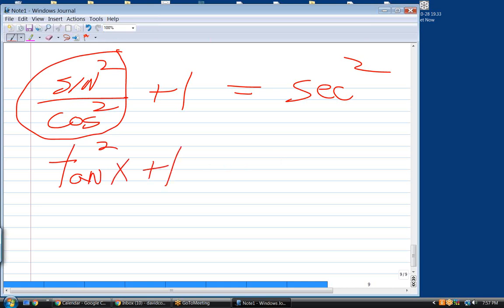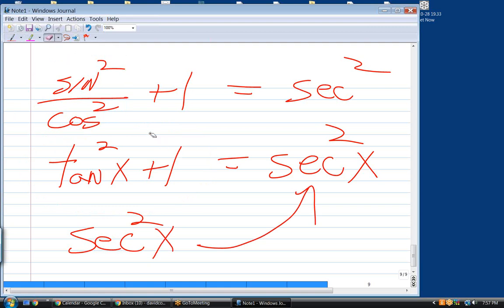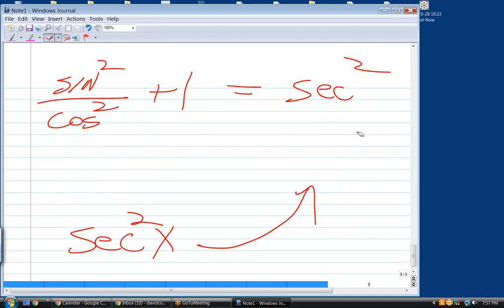Okay. And now that's equal to secant squared. So in 2 steps, I've got it solved. And it did not involve converting everything to sines and cosines. This would have been much harder to prove if I'd done that.